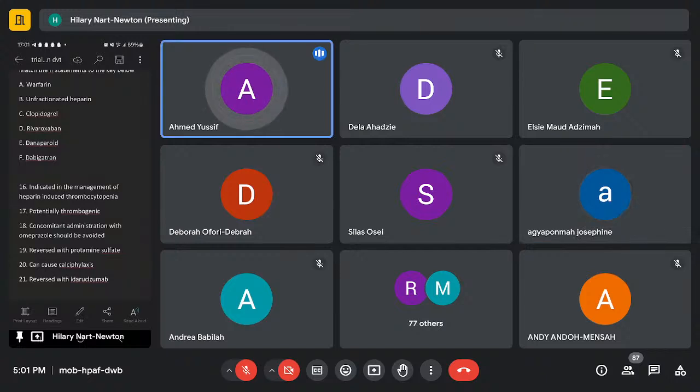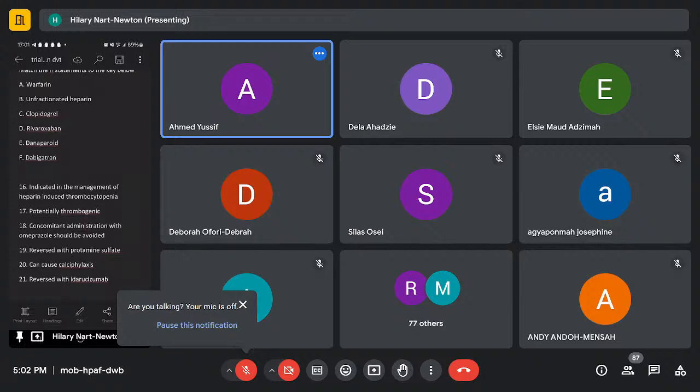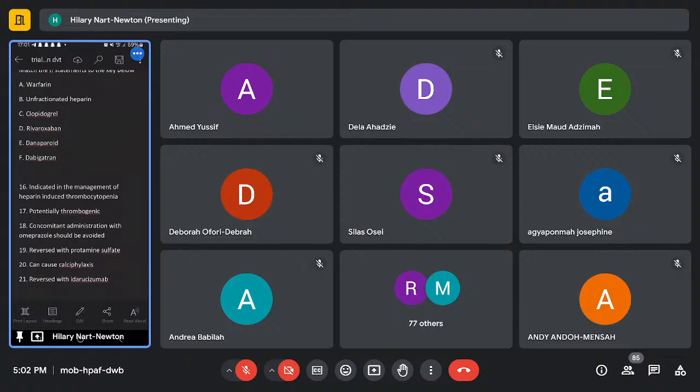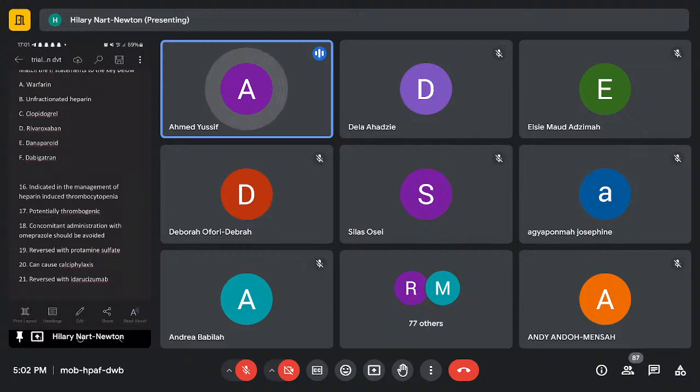I've also heard rivaroxaban and danaparoid.